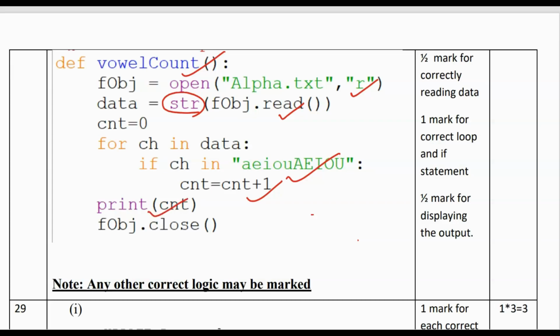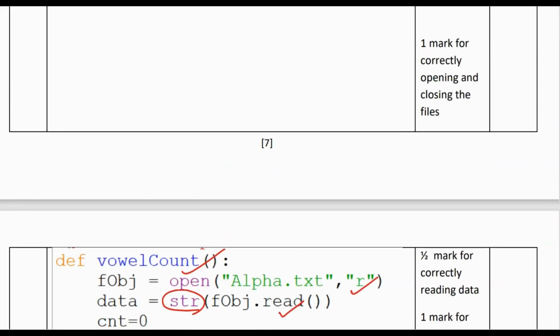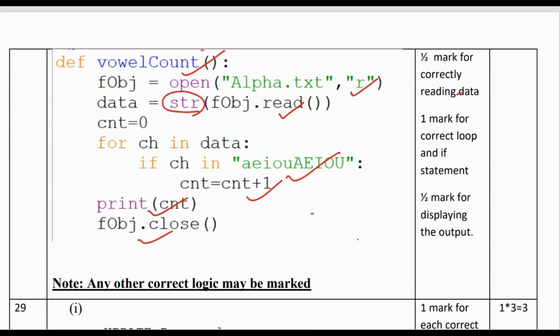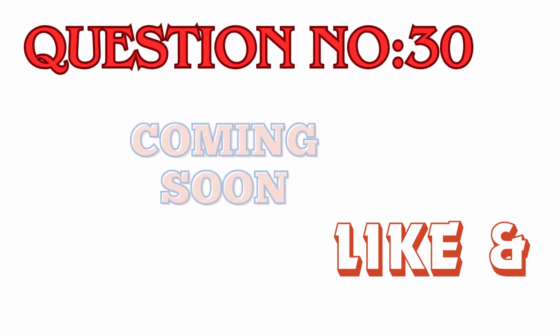Then print that count, then file.close. You will be awarded 1 mark for opening and closing the files, half mark for correctly reading the data, 1 mark for the correct loop and if statement, and half mark again for displaying the output.